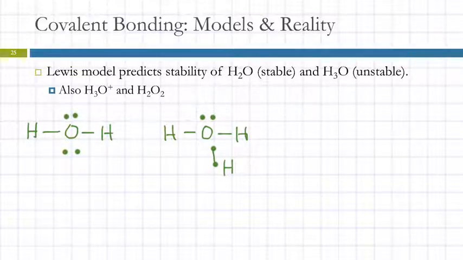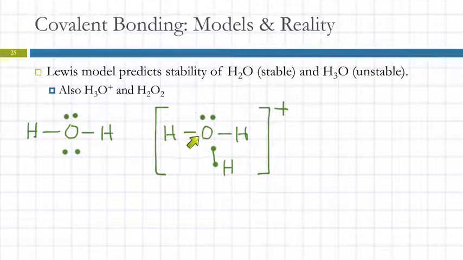And because it has a charge, I need to put brackets around it and put the charge on the outside. But what does that do to the number of electrons that oxygen has? Brings it back to 8. So do you think this might be stable? Yeah. The theory predicts that it's stable, and it is. Now, it's maybe not as stable as water, but it is found.